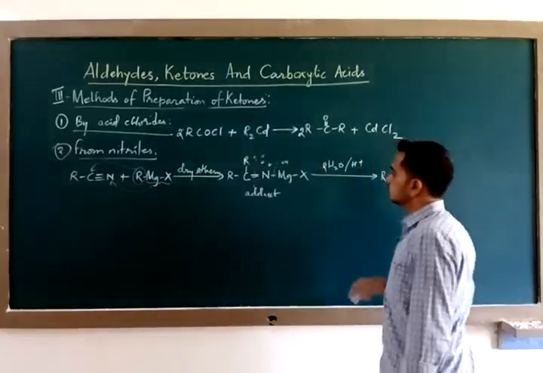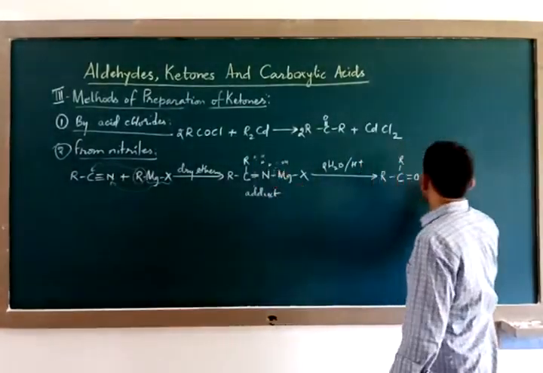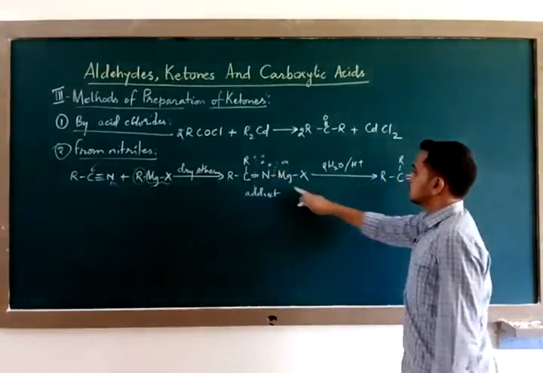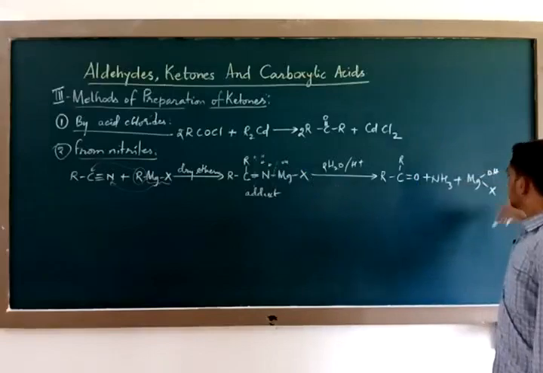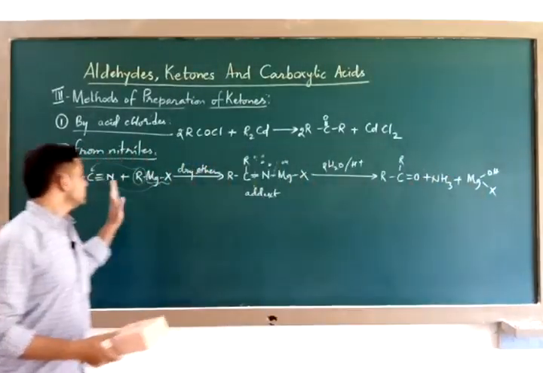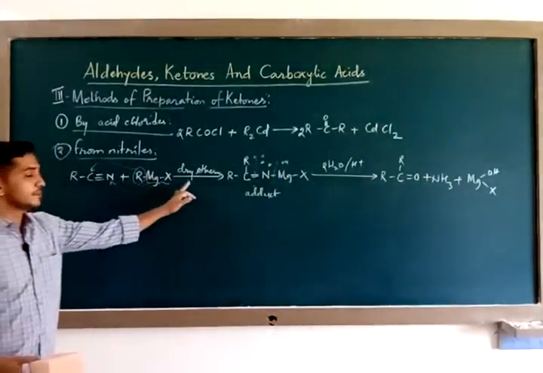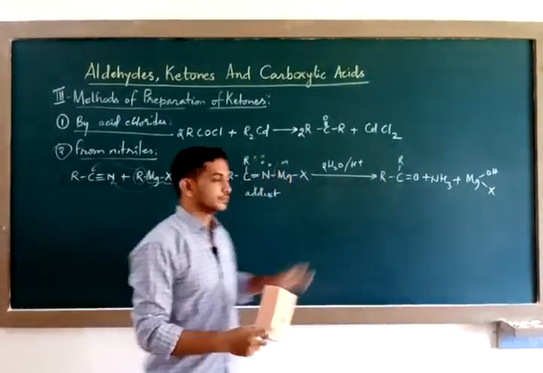So you need to use hydrolysis twice. So NH3 plus Mg(OH)X, hydroxy magnesium halide. In the second method, react nitriles with Grignard reagent in the presence of dry ether. An adduct is formed whose hydrolysis will give you ketone.